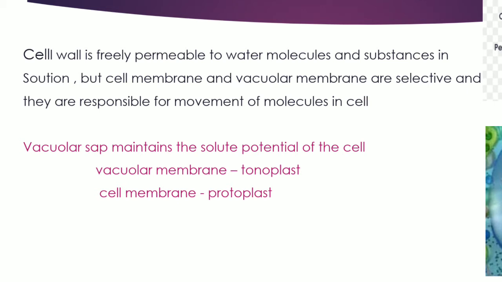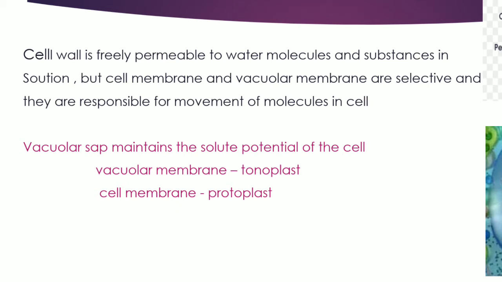Here the cell wall is freely permeable to water molecules and substances in solution. It means if you keep any cell which has a cell wall, then the cell wall can freely and easily diffuse water molecules and other substances in solution. But the barrier is the cell membrane and again the vacuolar membrane, which are selectively permeable.